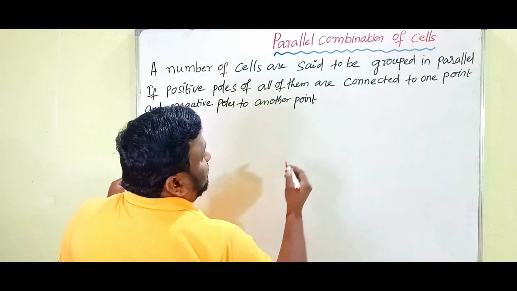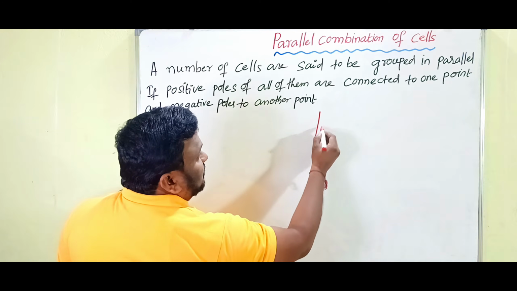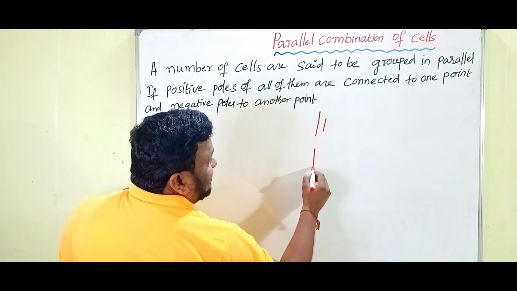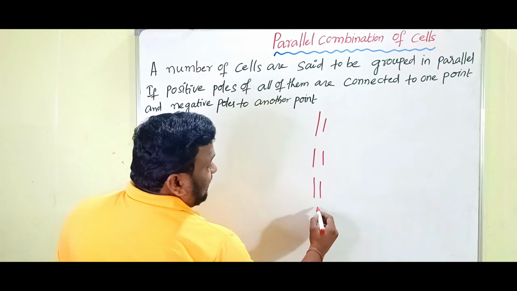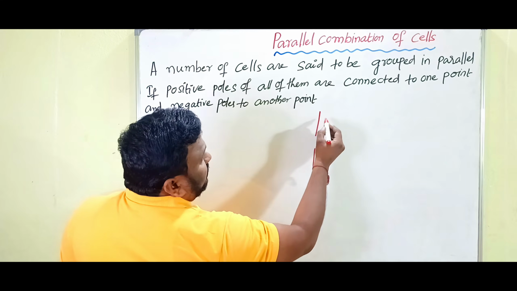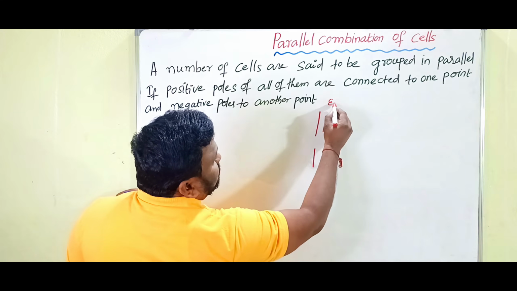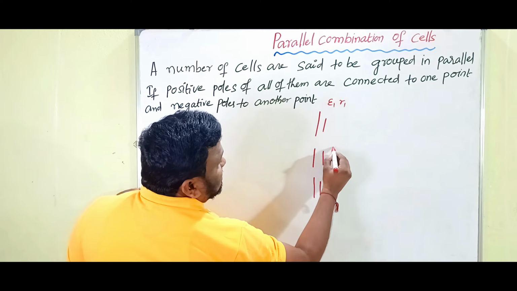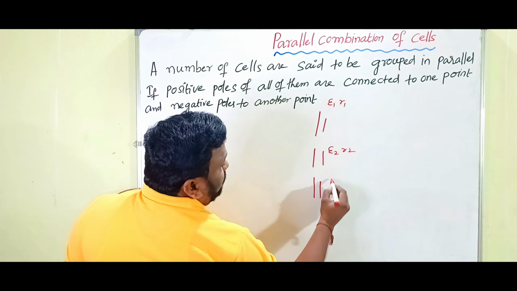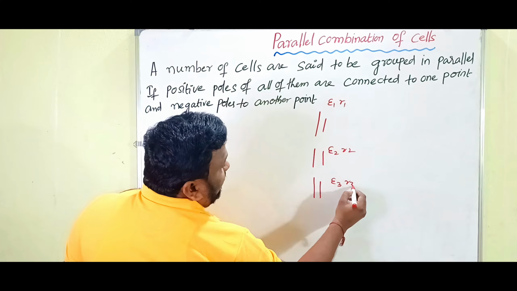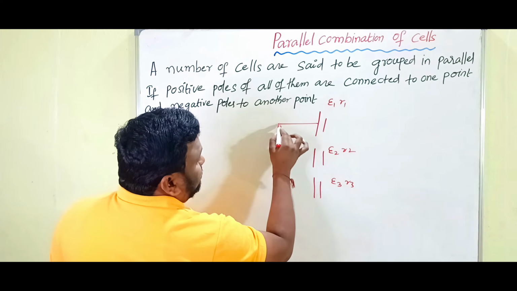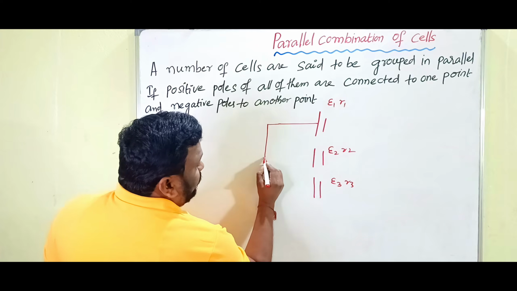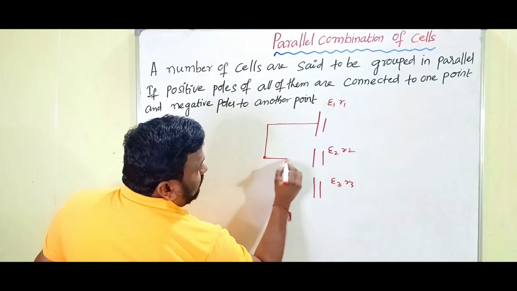Dear students, here this is cell 1 and this is cell 2 and this is cell 3, and we can have many more like that. So they have some EMF epsilon 1 with internal resistance R1, epsilon 2 with R2, and epsilon 3 with R3. Now these are given to one point.